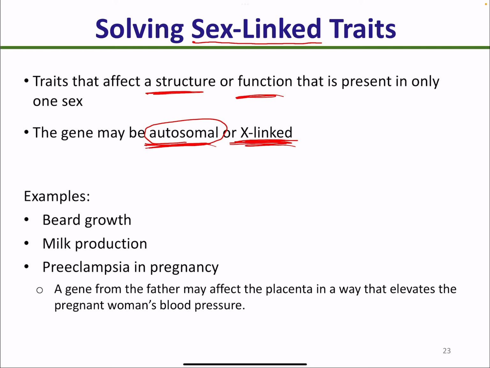Okay? So, a good example of this is going to be the beard growth. Right?